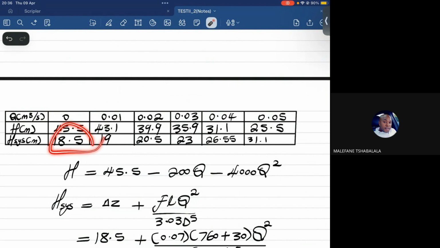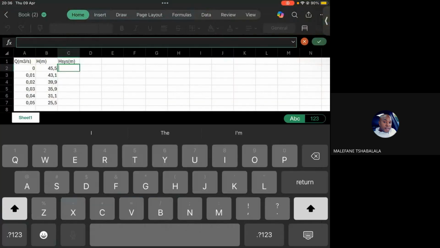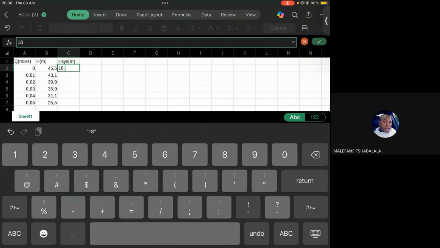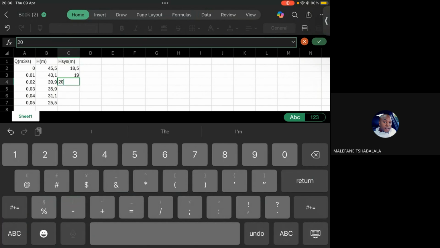Our first reading is 18.5, followed by 19. 18.5, enter, then 19, enter. Then 20.5 after this 19.5.